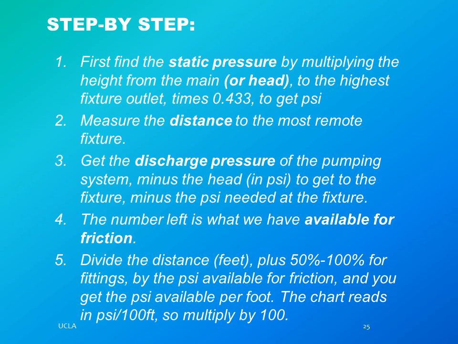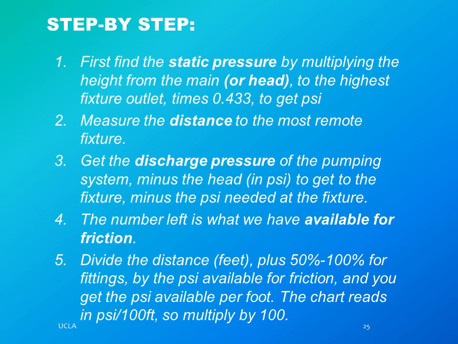Divide by this distance in feet plus 50% to 100% for fittings and valves. So 50% is a good number to add for that. Again, you can add up every fitting and every valve. The more complex the building, the more difficult that will be, especially given that the design will be changing all of the time.